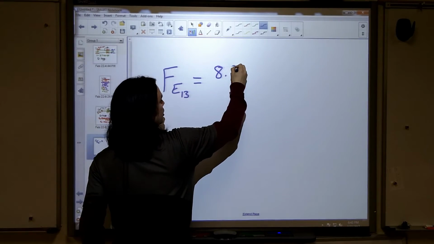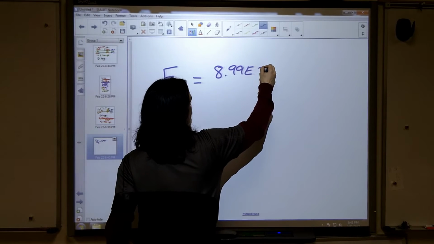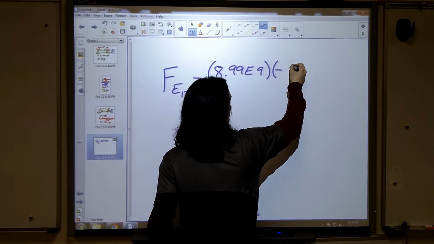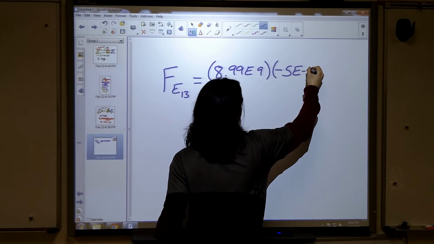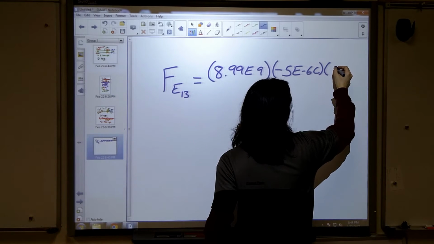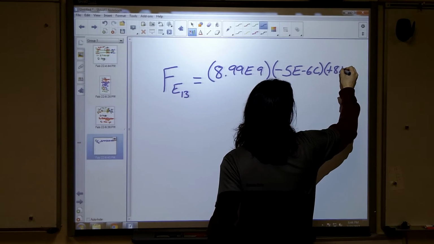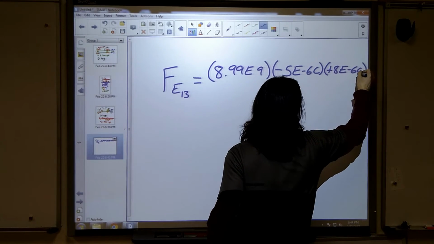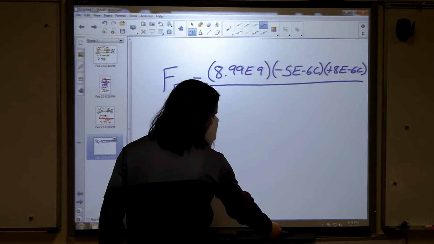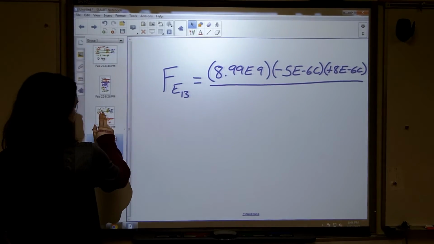Okay, well, we know that Coulomb's constant is 8.99 times 10 to the 9th, times charge 1, which was negative 5 times 10 to the negative 6th coulomb, times the other charge, Q3, which is positive 8 times 10 to the negative 6th coulomb, 8 microcoulomb. Specifically, positive 8.